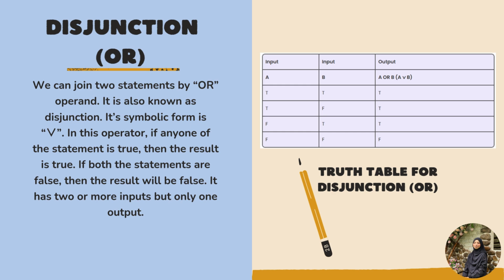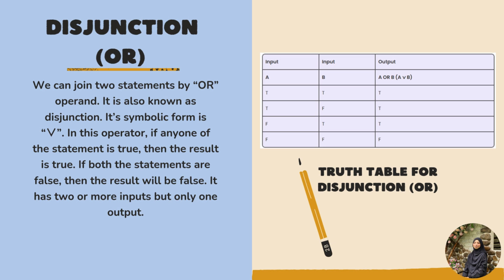Okay, so let's say A and B are the inputs, and the output is A or B. T is for true, and F is for false. If input A is true and B is true, then the output will be true.